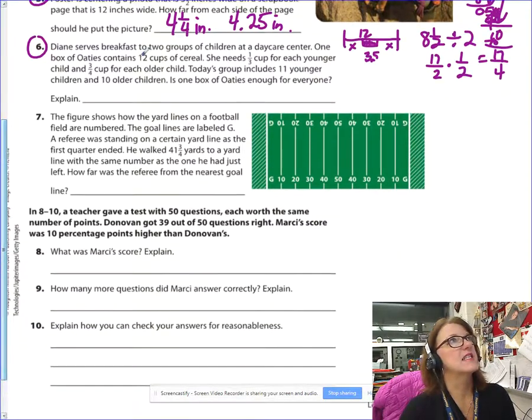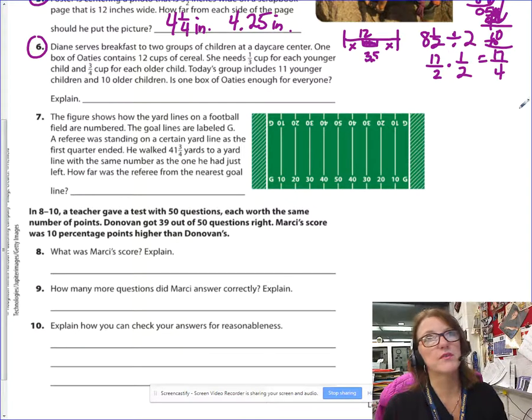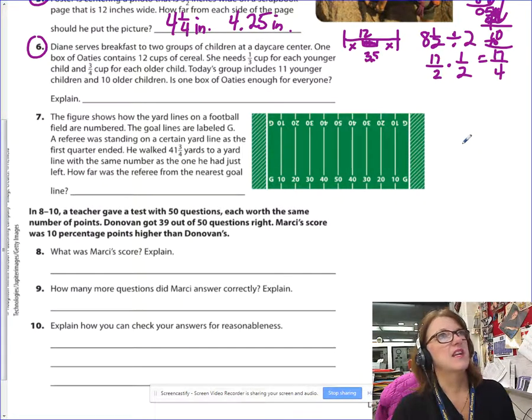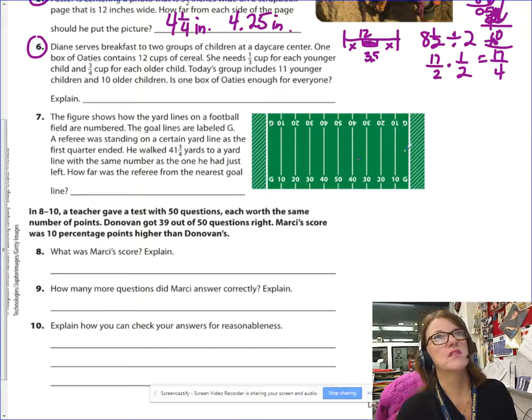Number 6 on this one, Diane is serving breakfast to 2 groups of children at daycare. And so the younger children don't get as much cereal as the older ones. So what we have to figure out here is that out of the 12 cups, she needs a third cup for each younger child, 3/4 cup for the older child or older children.